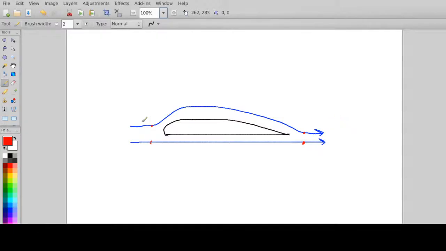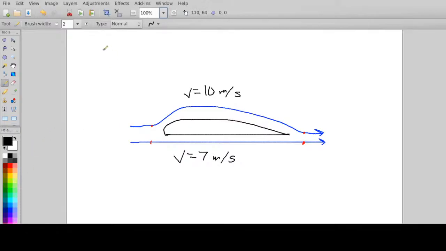Laminar just means smooth. As a result of having to travel a further distance over the same amount of time, the velocity up here turns out to be 10 meters per second, and the velocity down here turns out to be 7 meters per second. Now, what does Bernoulli say?